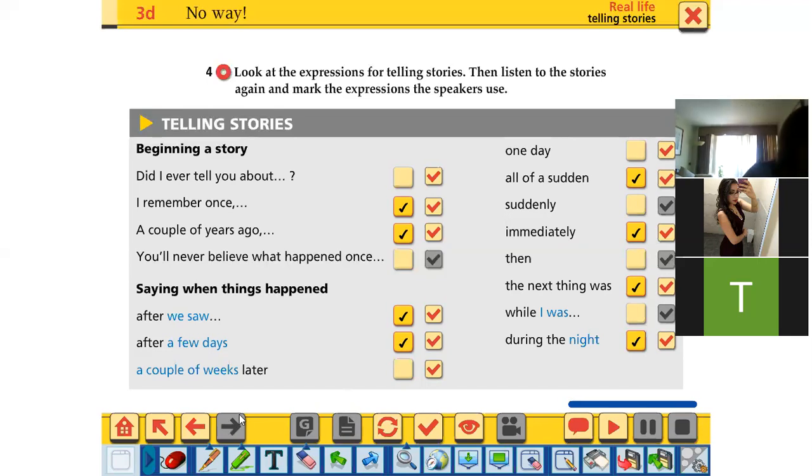Okay. In number 5, what you have is that it says only one of the stories is true. Which one do you think it is? Well, we know which one is true. They say only one of the stories is true.